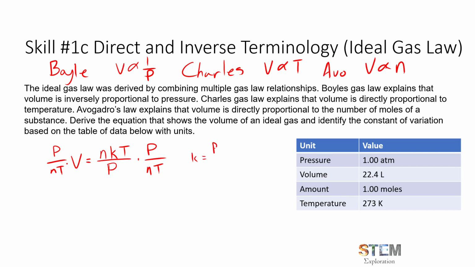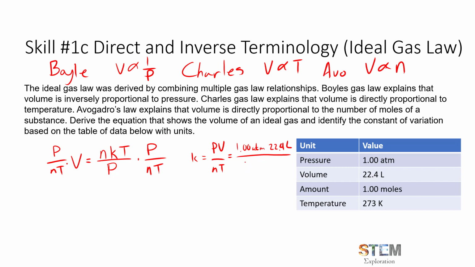And we'll go PV all over NT. And now we're going to plug in the data that they have here. So we're going to say 1.00 atmospheres with a volume of 22.4 liters. And I'm keeping track of the units because it does ask for the answer in units.